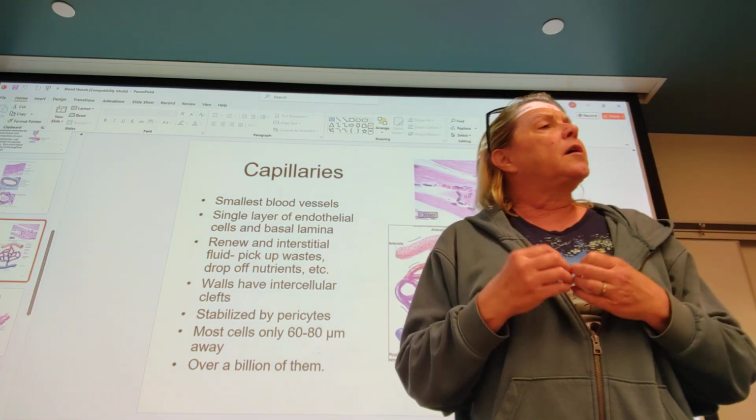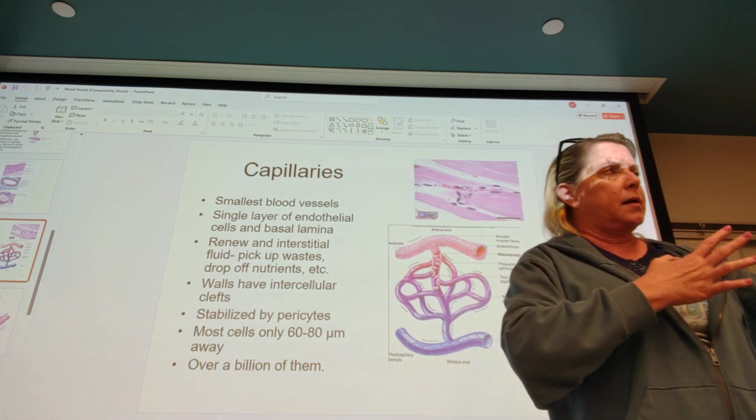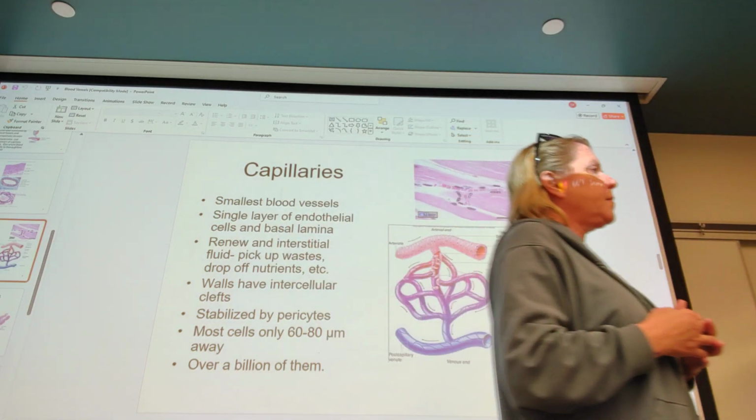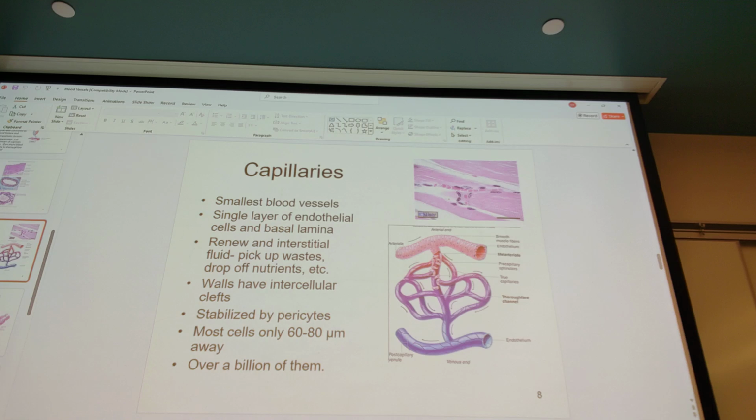So these are called the exchange vessels, because we have swapping of substances and gases. They do have cells that surround them and stabilize them, and those are called pericytes.